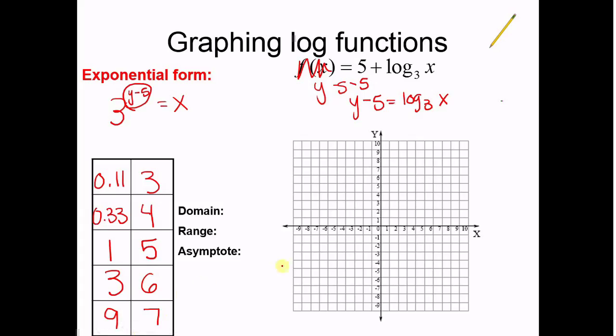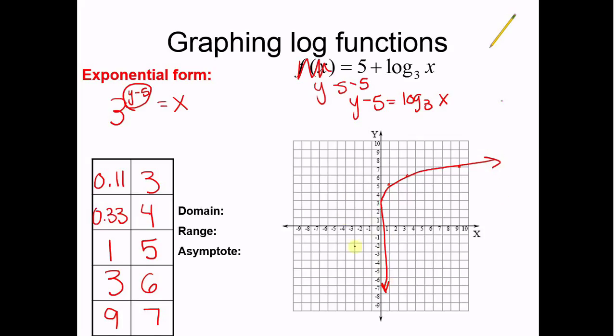So let's graph these functions. We got 0.11, 3; 0.33, 4; 1, 5; 3, 6; and 9, 7. If I graph my function here, whoa, that was pretty bad. That's okay though.